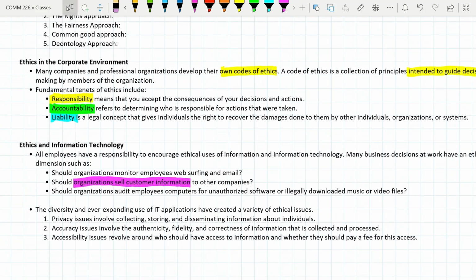The diversity and ever-expanding use of IT applications have created a variety of ethical issues. Number 1, privacy issues. That's a big one, and this involves collecting, storing, and disseminating information about individuals. Accuracy issues involve the authenticity, fidelity, and correctness of information that is collected and processed.